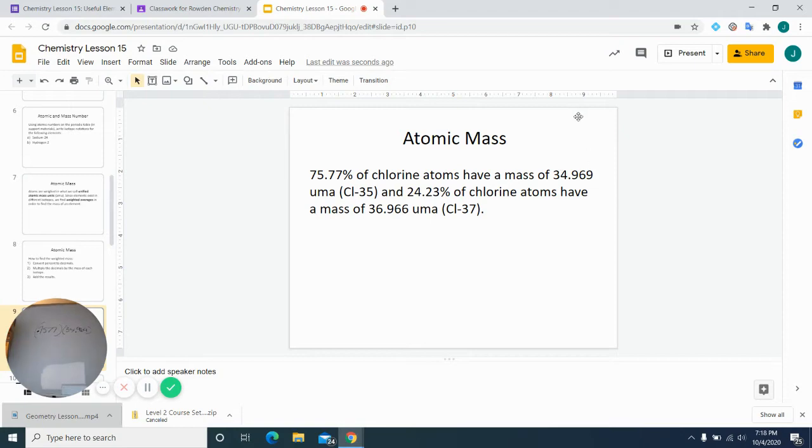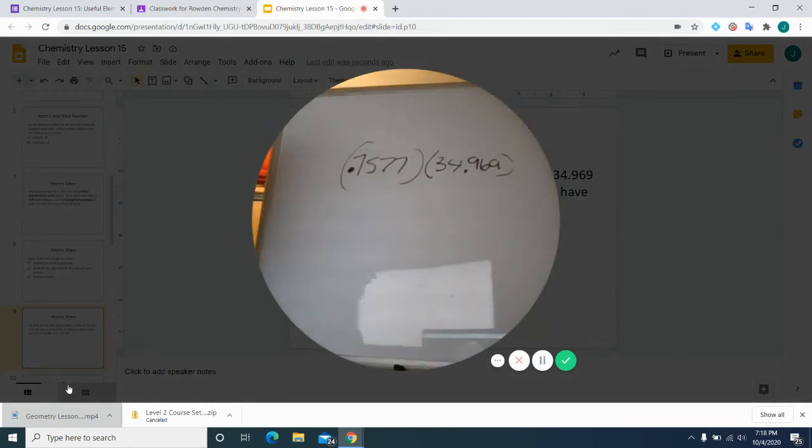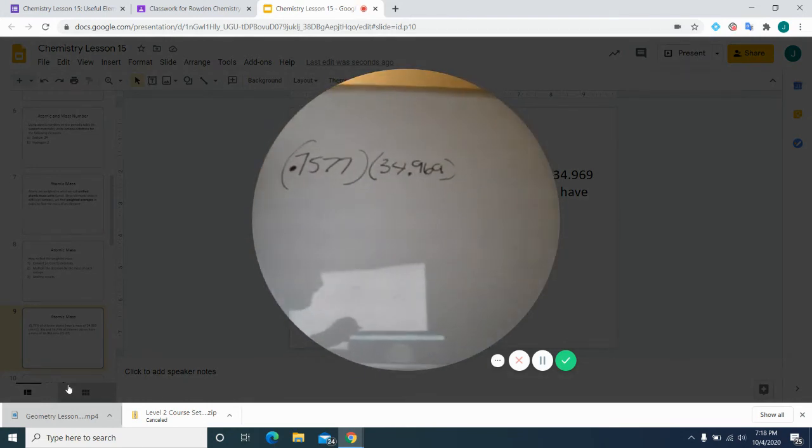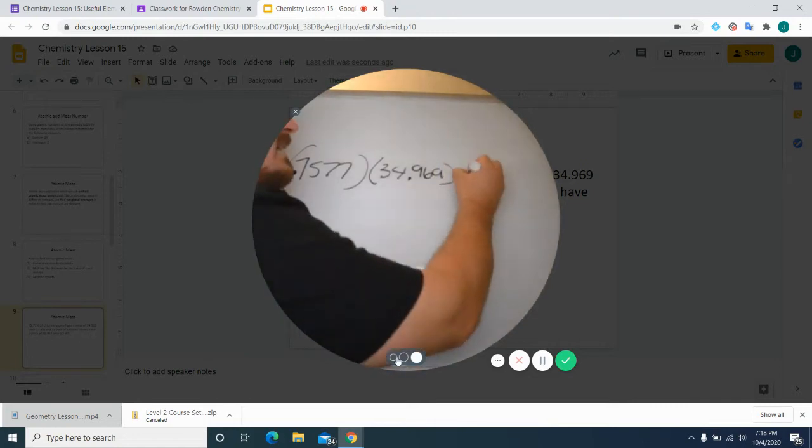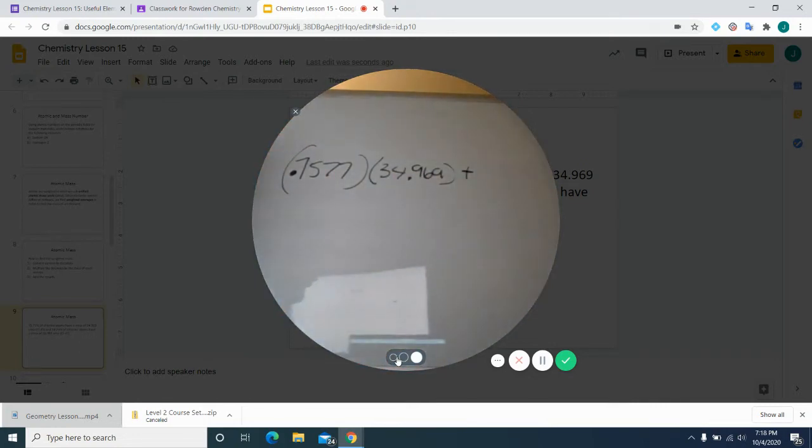Make it big so you can see. We're going to run out of room here. Okay. So you take this first percent, turn it into a decimal, multiply it by whatever that weight is, and then we're going to add it, and we do that for the next one.